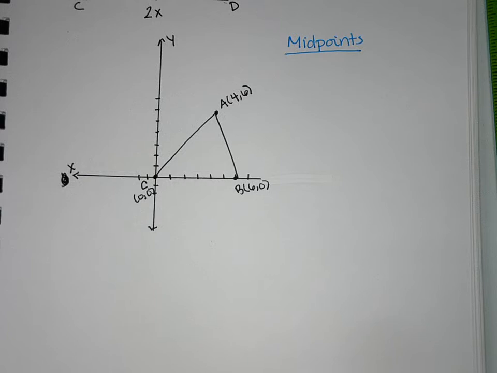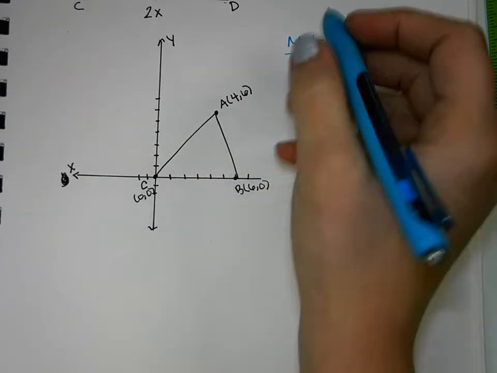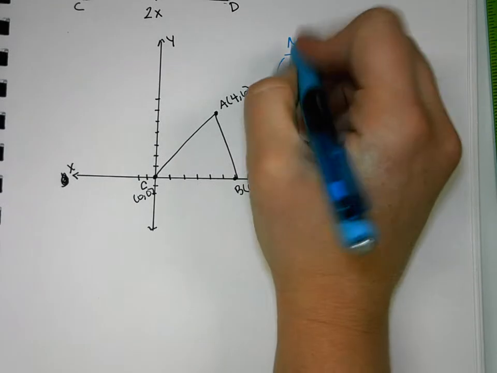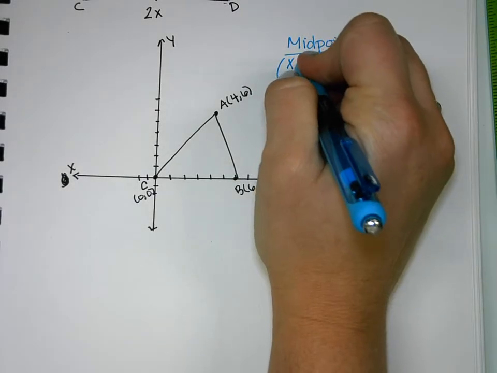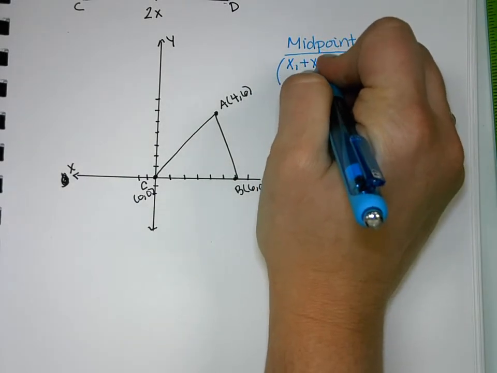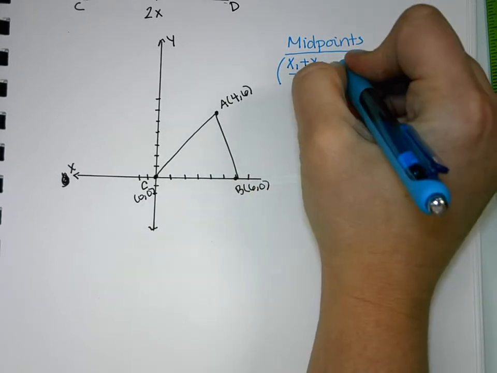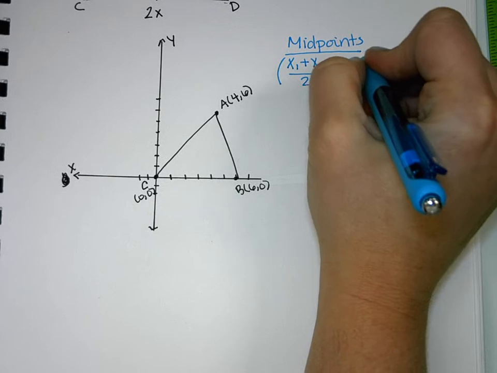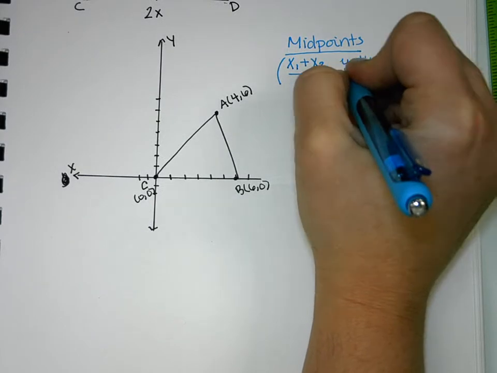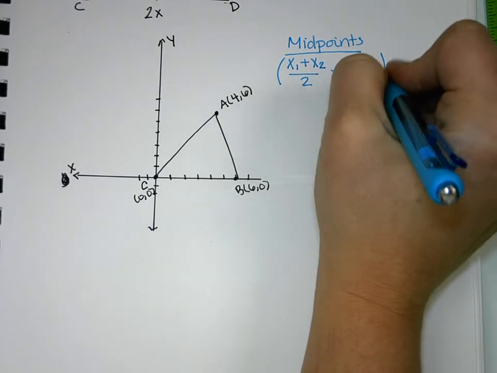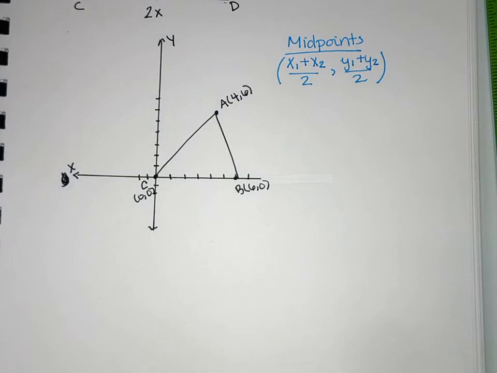This might be reaching back a bit. So how do we find the middle? Well, you take the two x values, add them together, and divide by 2, comma, and then you take the two y values, add them together, and divide by 2. And that'll give you the ordered pair for your midpoint.